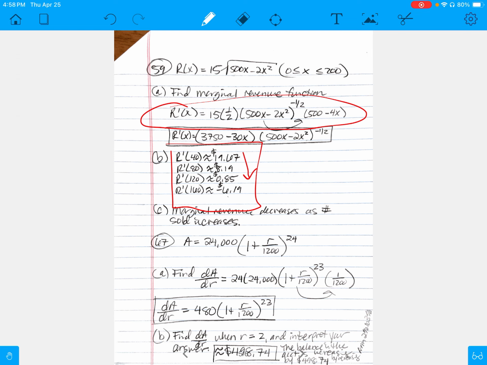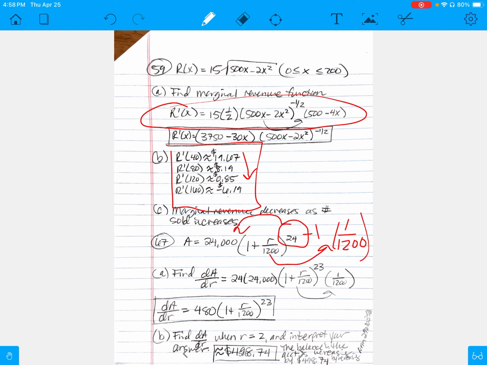Let's see, 67, we're finding a derivative in part A. So again, we're going to bring that power down front, make it a multiplier, subtract 1 from the power, and chain out the derivative of the inside, which is 1 over 1200.